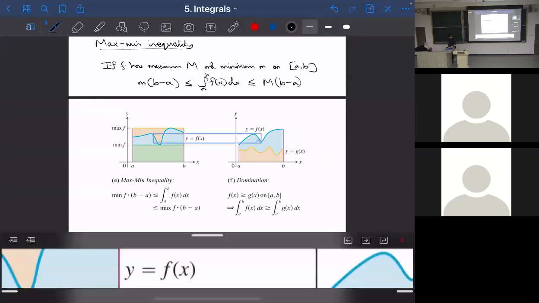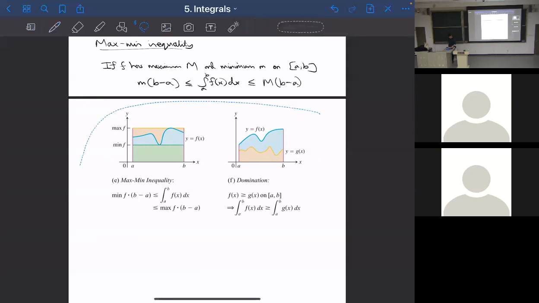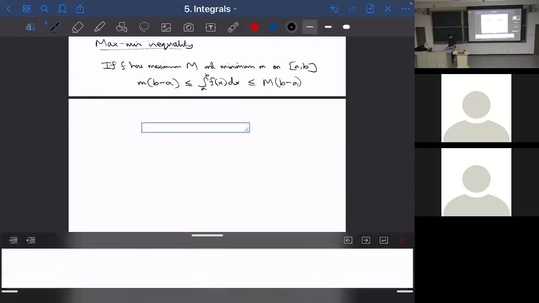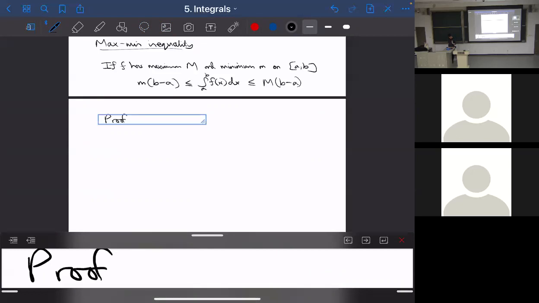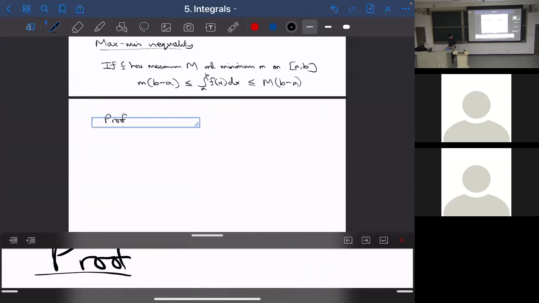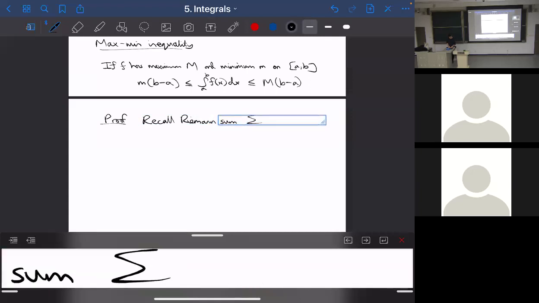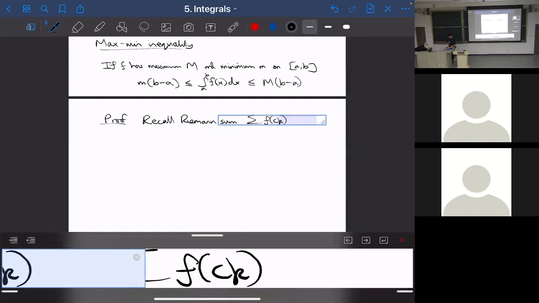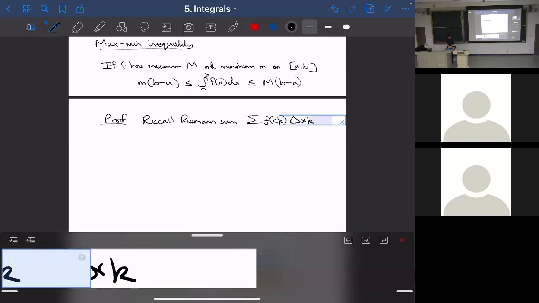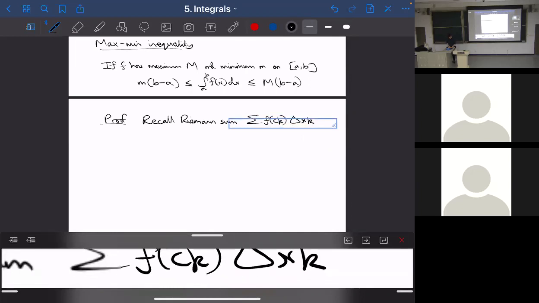But let's prove it. So proof. So recall this Riemann sum. The sum of the values at some points, ck, times the width of certain integral interval.